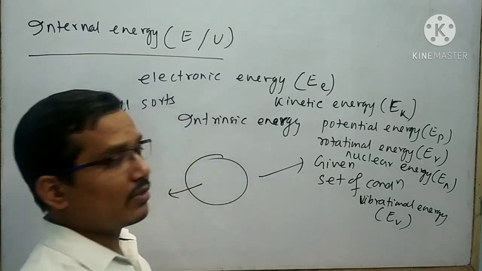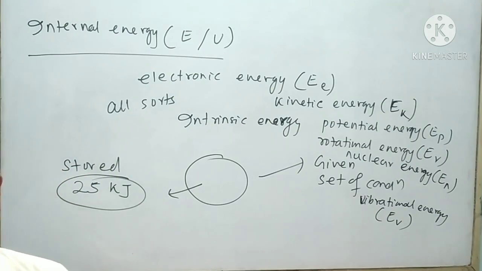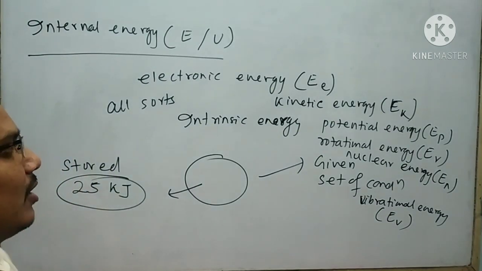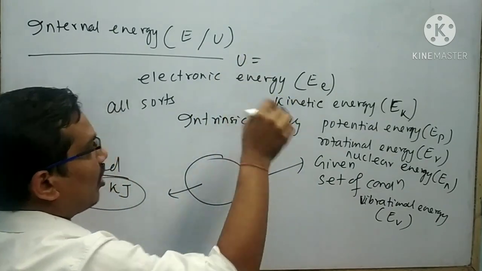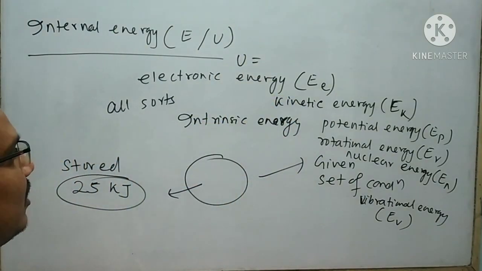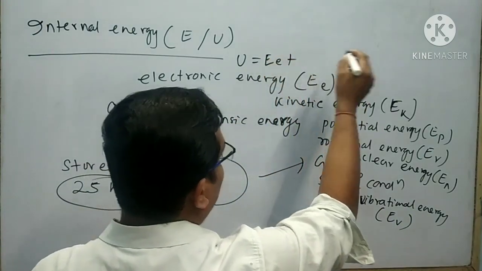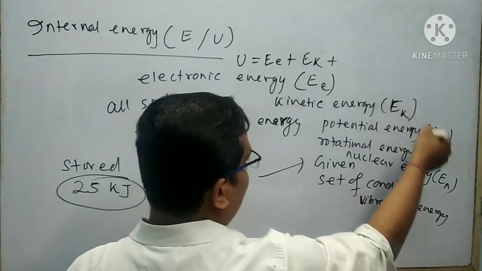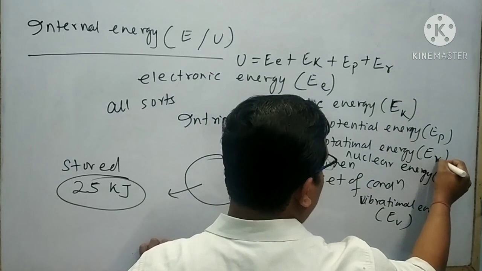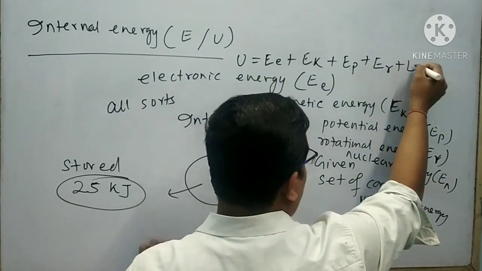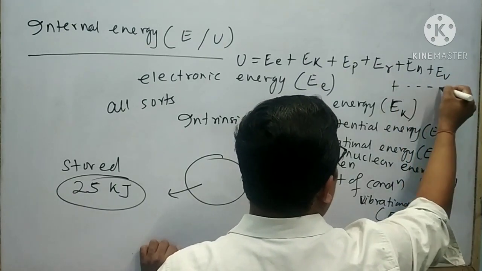There are different types of energy possessed by various constituents of the molecules. So remember, the internal energy U equal to the sum of all sorts of energy. So here I can write U equal to EE plus EK plus EP plus ER plus EN plus EV plus etc.